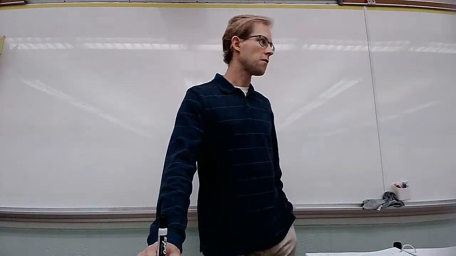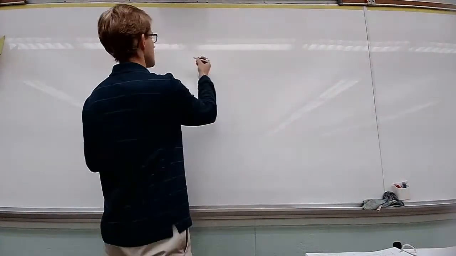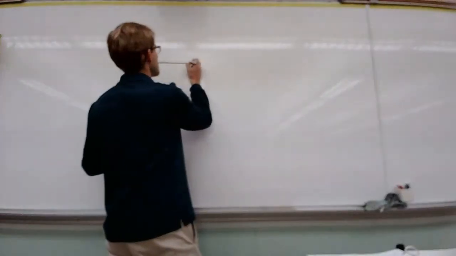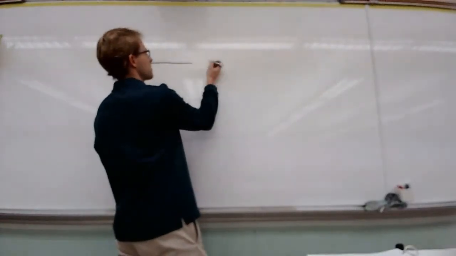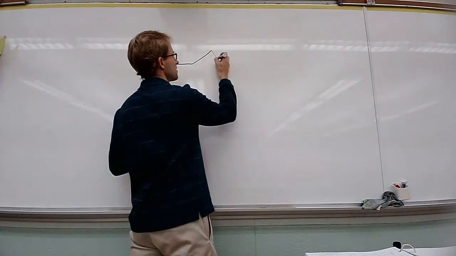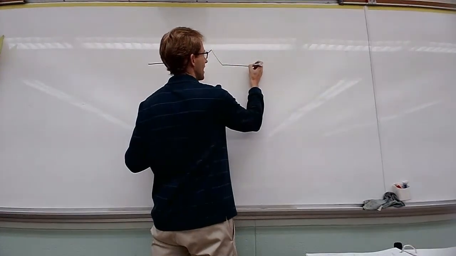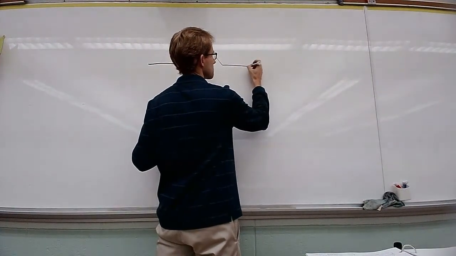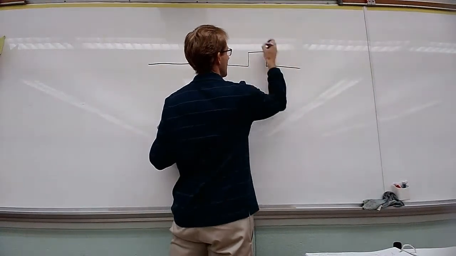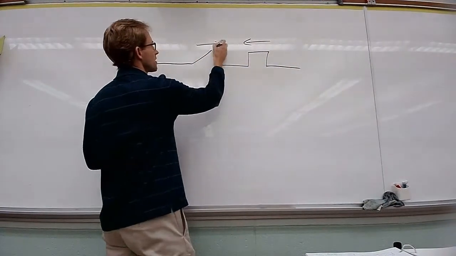In other words, if you've got waves that are going towards each other, and let's just say, to make this clearer, you've got a triangle and a square, and these waves are heading towards each other.